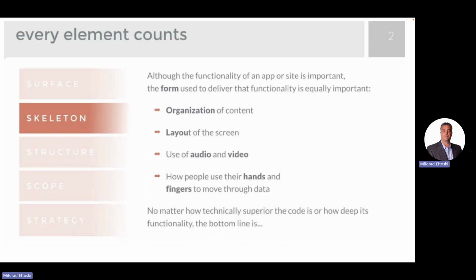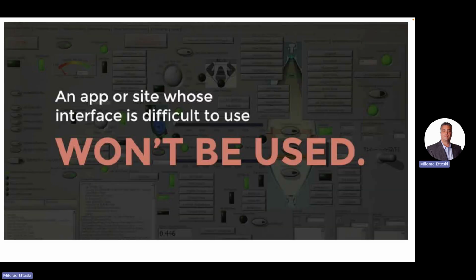Although the functionality of an app or site is important, the form used to deliver that functionality is equally important. Organization of content, the layout of the screen, use of audio and video, how people use their hands and fingers to move through data. No matter how technically superior the code or how deep its functionality, the bottom line is that an app or site without a good interface would be difficult to use.